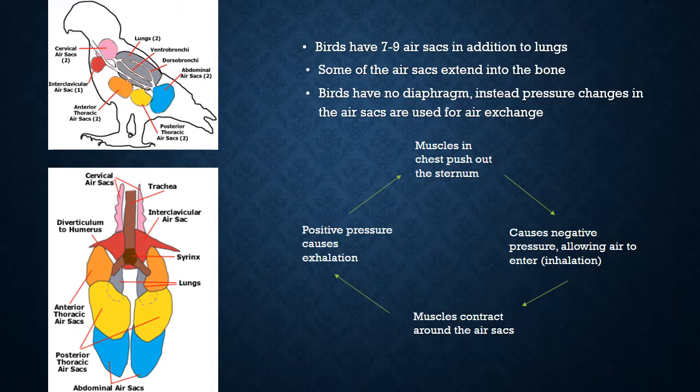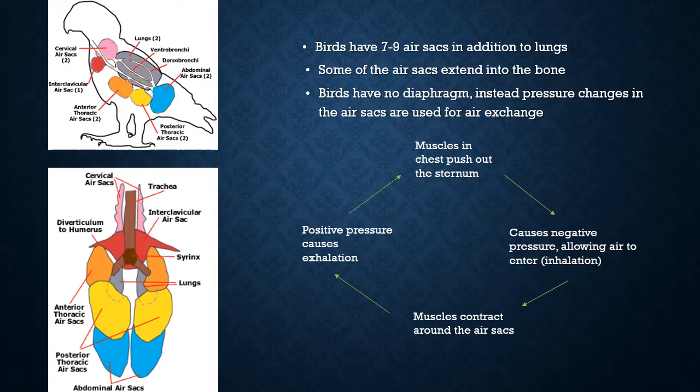But let's look at the way that they breathe. It's actually very unique. Birds have about 7 to 9 air sacs in addition to the lungs. So some of the air sacs even extend into their bones, like into the leg bones. And unique to birds, they don't have a diaphragm.